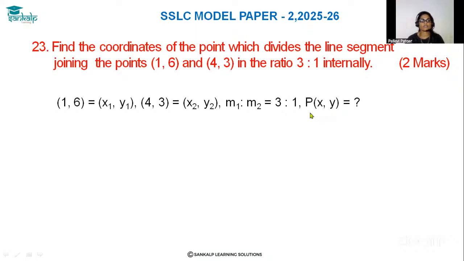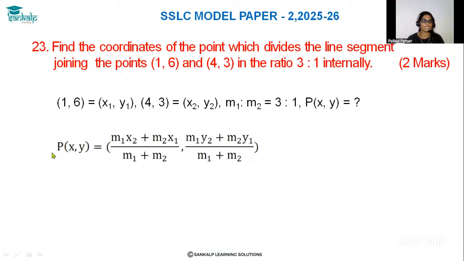So here the section formula for the internal division P(x,y) is (m1 x2 plus m2 x1) divided by (m1 plus m2), comma (m1 y2 plus m2 y1) divided by (m1 plus m2). So now calculate the x coordinate and y coordinate separately or at a time. So here, substitute the values into the x coordinate and y coordinate of the formula.